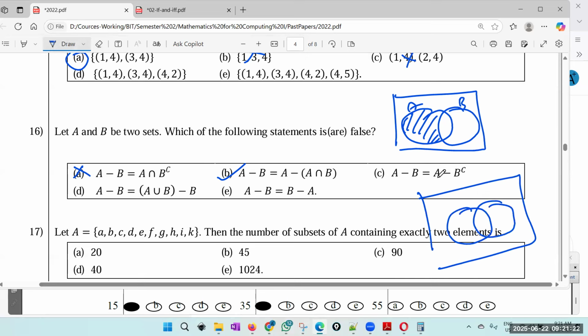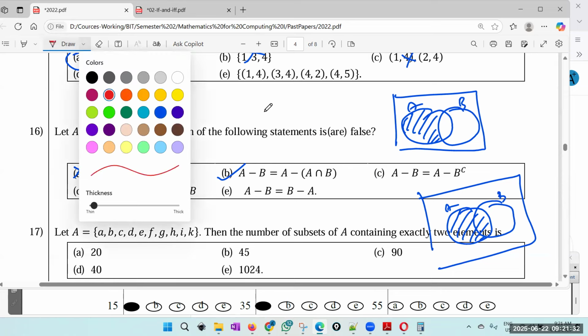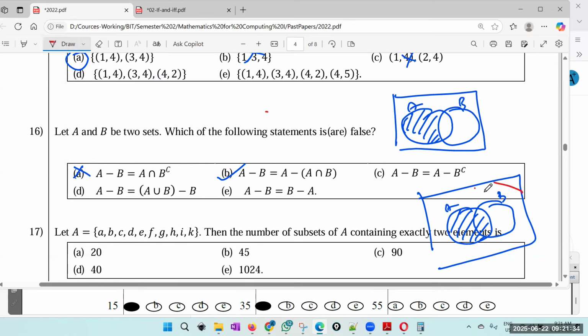So this is my A. From this, I want to get rid of B complement. When you get rid of B complement, these things are also removed, but these things are shaded because B complement includes this.